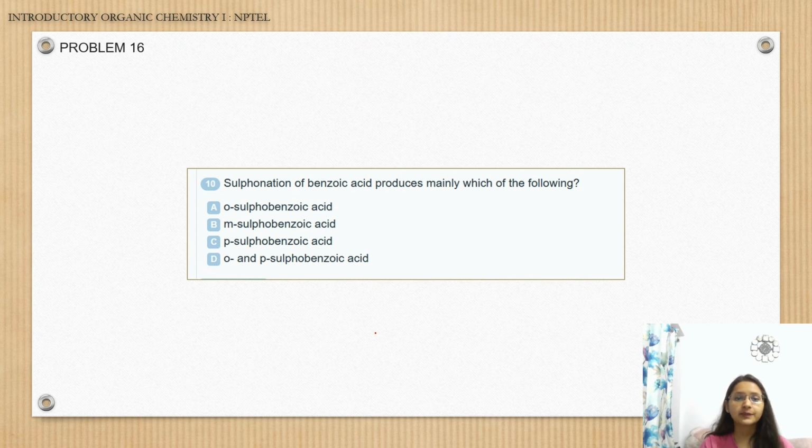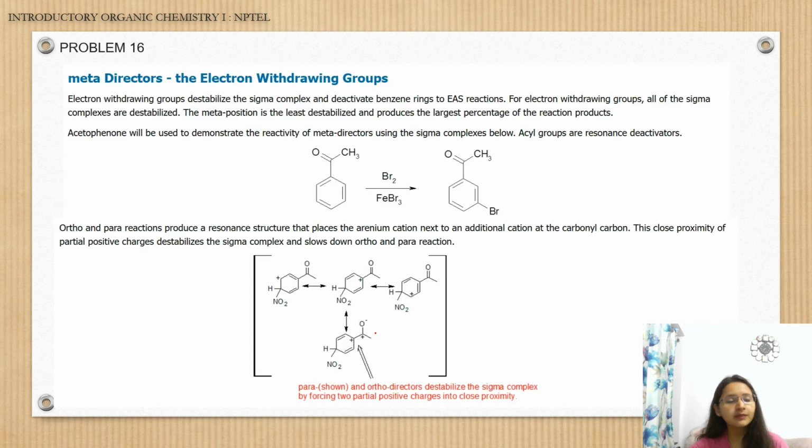Now just recall what the electrophilic substitution reaction is. If we are talking about electrophilic substitution, it goes towards the meta position for an electron withdrawing group. But in the case of electron donating groups, such as amine, it goes towards ortho and para selectivity.